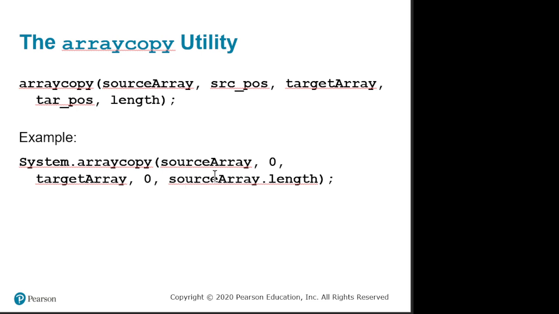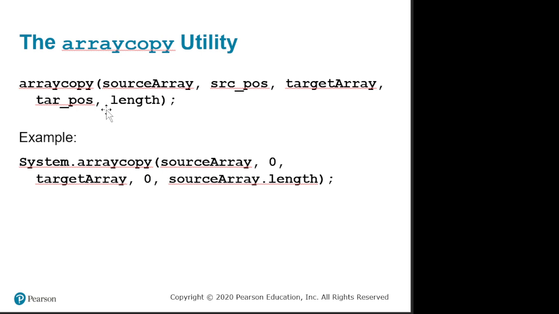Now you could copy parts of arrays with arraycopy. Your target could be smaller and this length could be smaller, but arraycopy really creates the loops for copying arrays, and it's built into System.